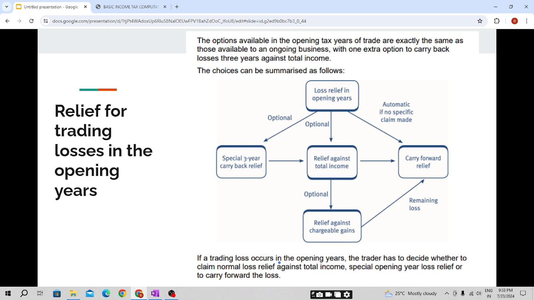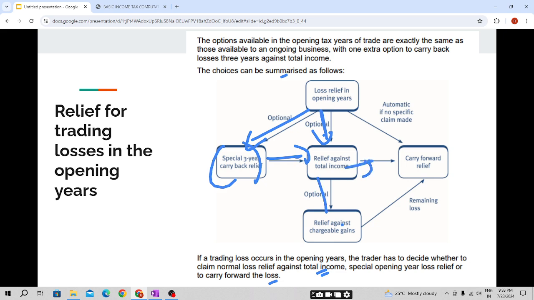If a trading loss occurs in the opening years, the trader has to decide whether to claim normal loss relief against total income, special opening year loss relief, or to carry forward the loss. Either choose this option or this option. If they choose this option, then come to this option again.